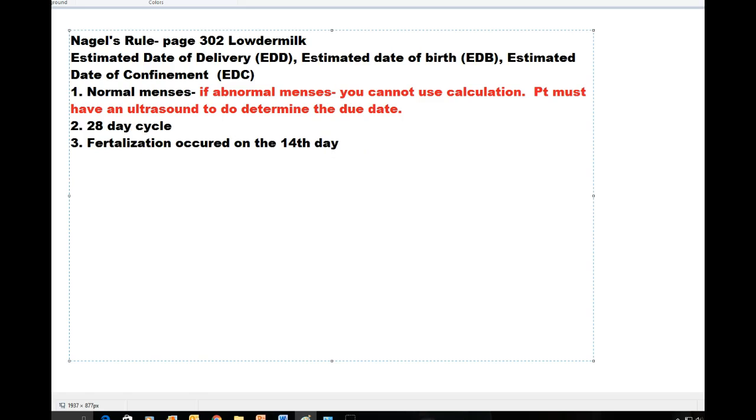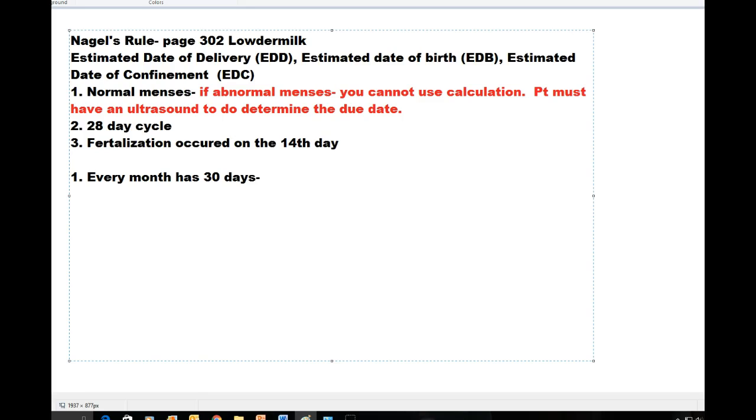Now there's a couple other things that we must remember. Number one is that every month has 30 days. And you say, but Dr. BT, February has 28 days. For this calculation, every month has 30 days. We don't care about the months that have 31 days. We don't care about the months that have 28 days.